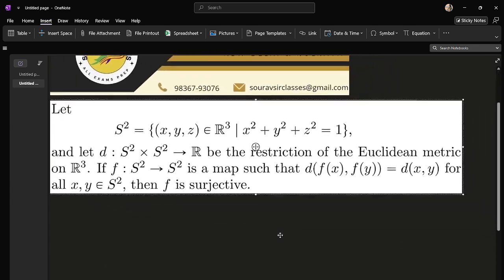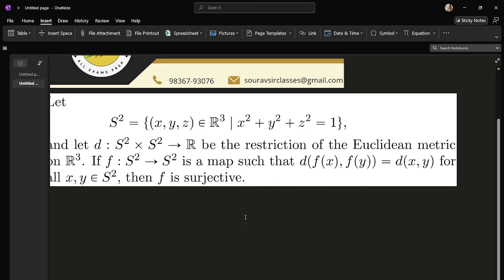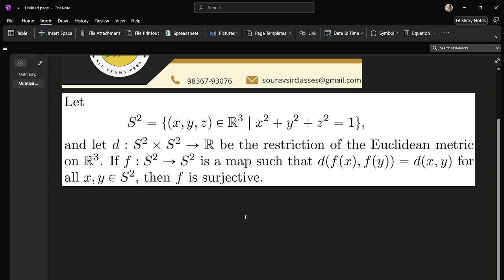Now we are going to solve a mathematical problem which appeared in the question paper of TIFR GS 2025.